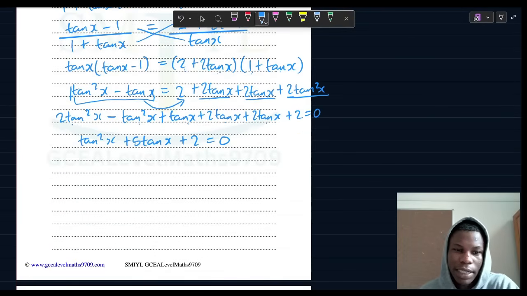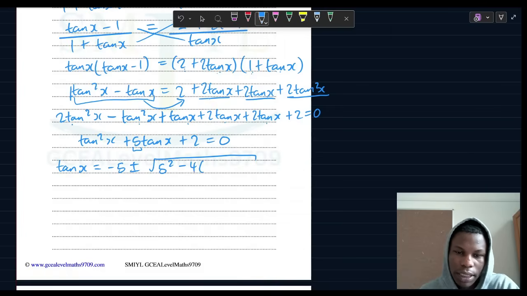So you can't factorize this by sight, so let's use the quadratic formula. So tan x is equal to minus b, b is 5, plus or minus the square root of b squared, so 5 squared, minus 4 times a, the coefficient here, which is 1, times c, that's 2, divided by 2 times a, which is 1.